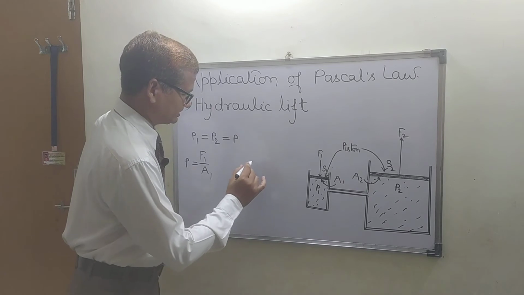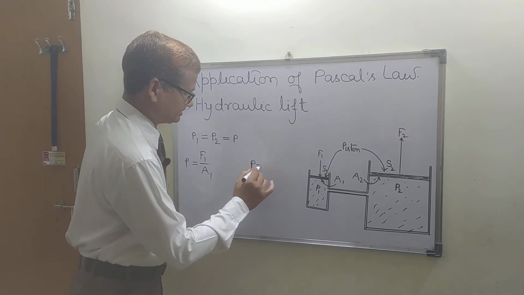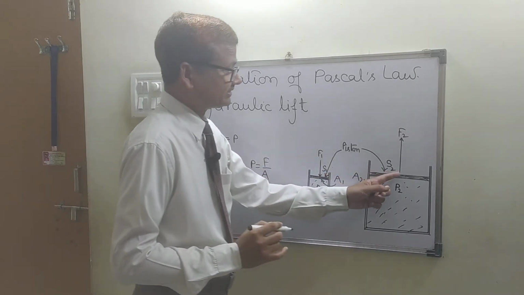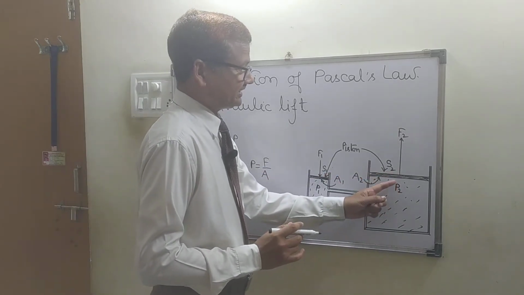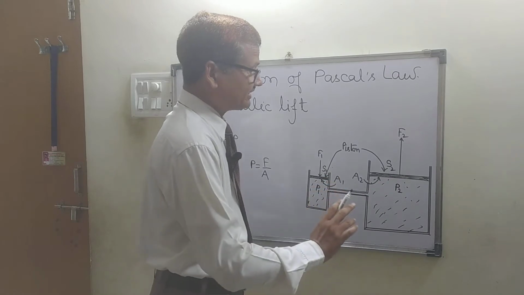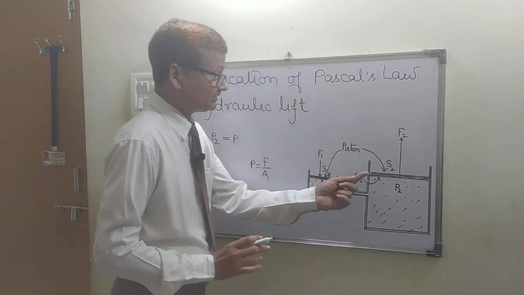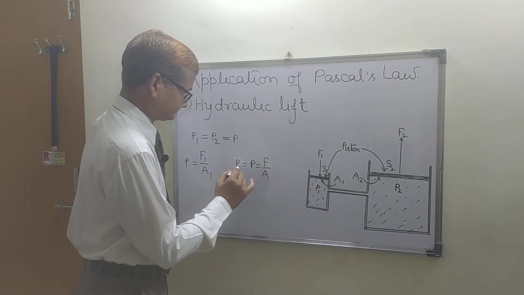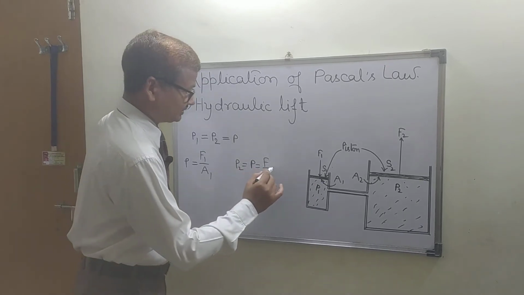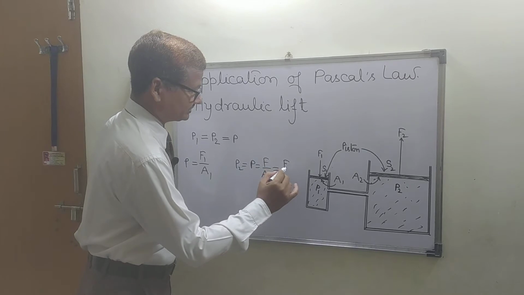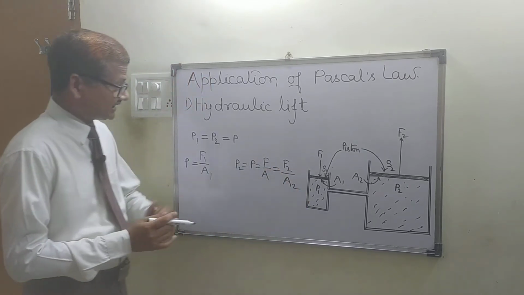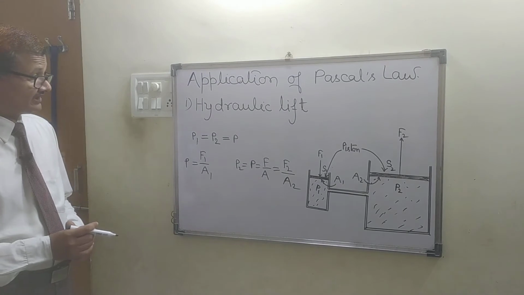And according to the definition of pressure, pressure is equal to force upon area. So how much force is acting in upward direction due to this applied pressure? Force is F2, area of cross section is A2. Therefore, P is equal to F2 upon A2.